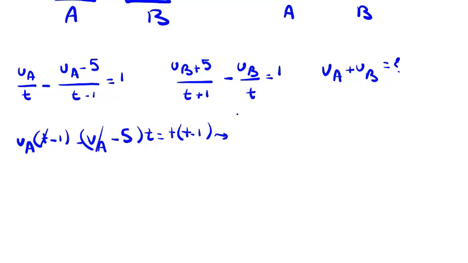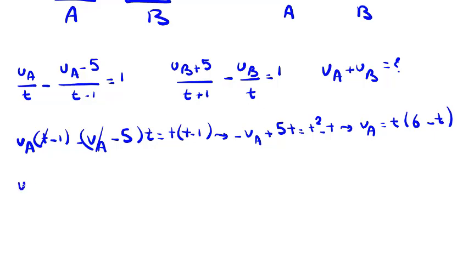Then we have negative VA plus 5T equals T times T minus 1, which you can write T squared minus T. So if you take this to the right hand side, VA equals all these things, 5T minus T squared, T times 6 minus T. So VA is this.